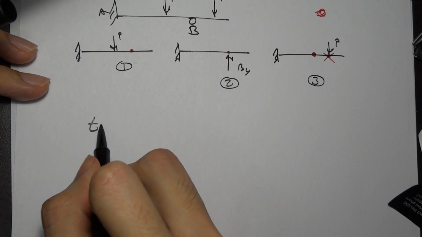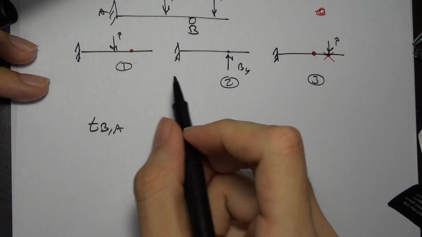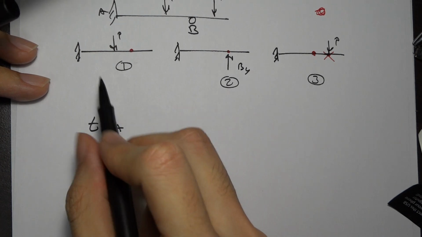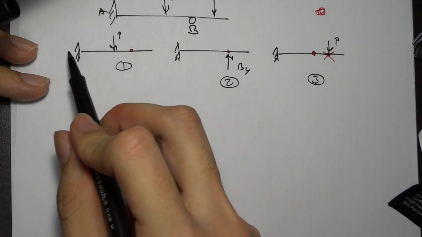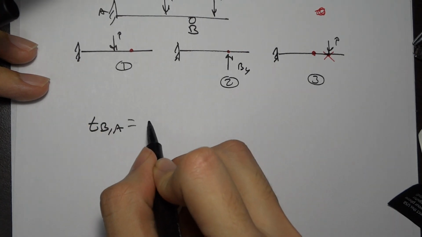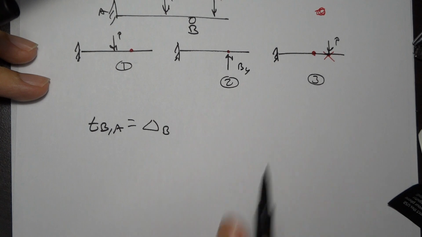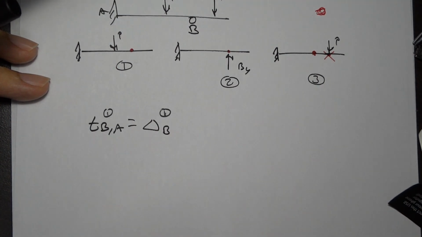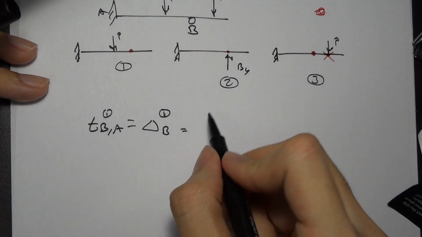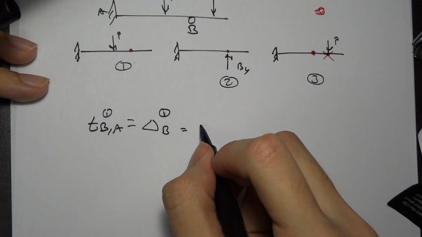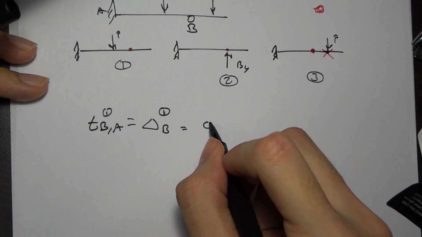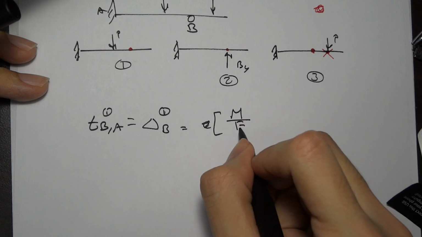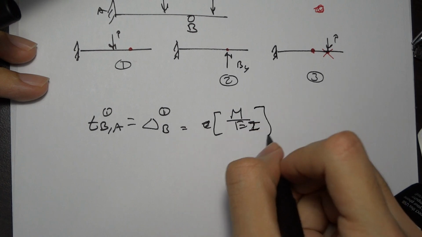Once you have those though, you recall that t_BA, the deflection at point B with respect to the tangent at A, because the tangent at A has a slope of 0, happens to be delta B. If we work with case 1, do you guys remember this?